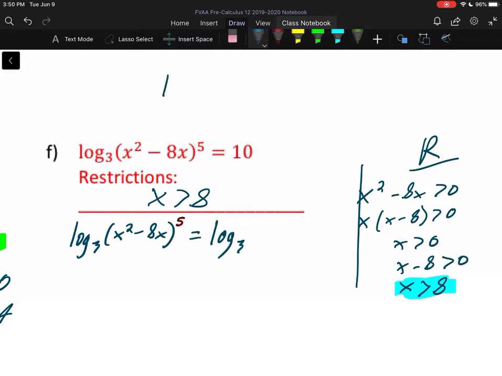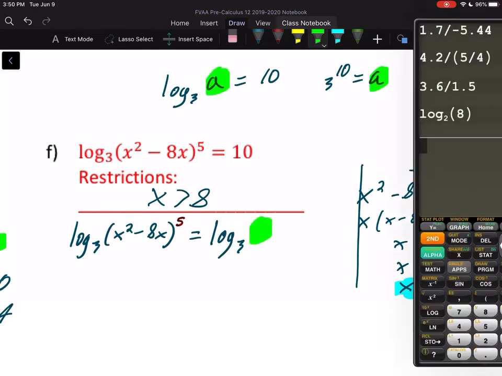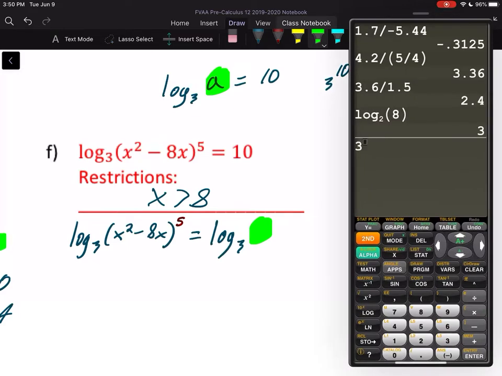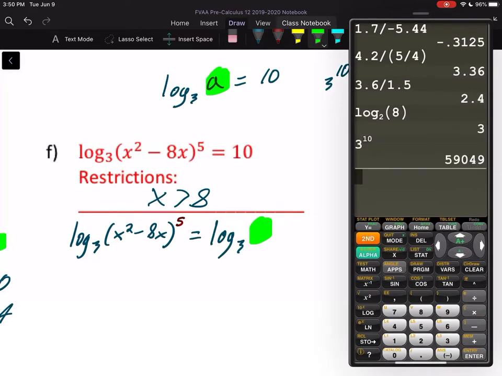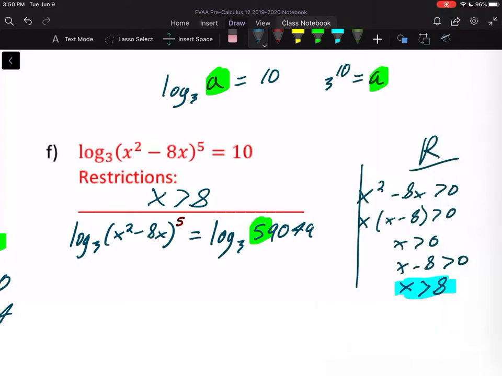If I have log base 3 to a is equal to 10, then 3 to the 10 is equal to a. And I want to know what a is, because that's what I'm going to put here. So I enter 3 exponent 10, and that gives me my a value, which is significant in this case, 59049. Okay, so now I've put that there.